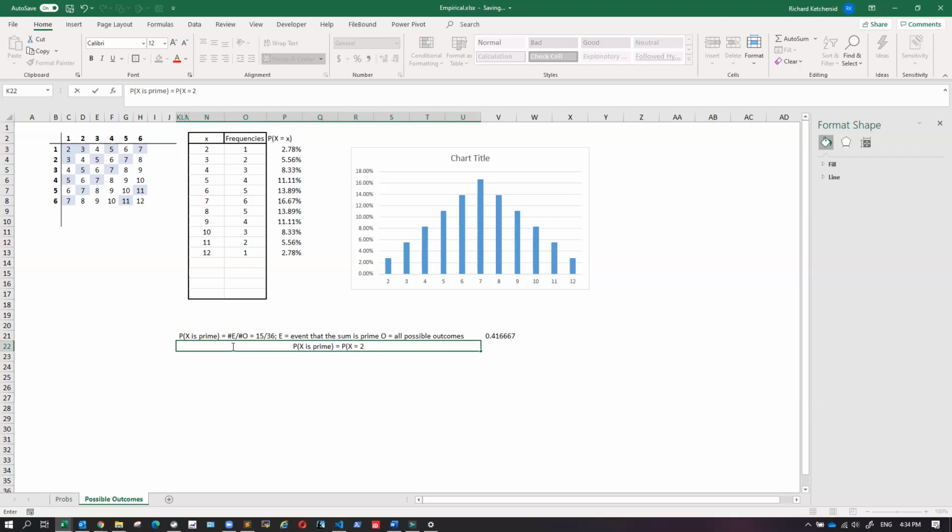Or X equals 3, or X equals 5, or X equals 7, or X equals 11, because those are all the primes.